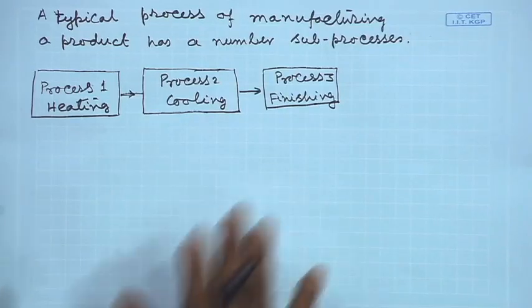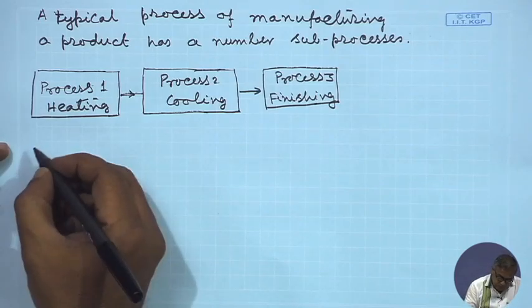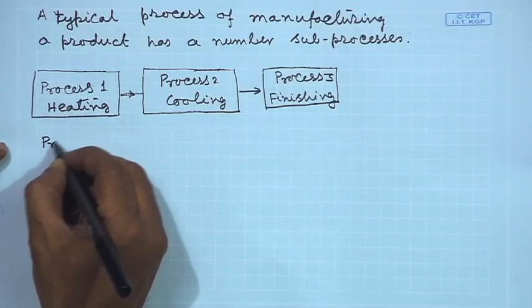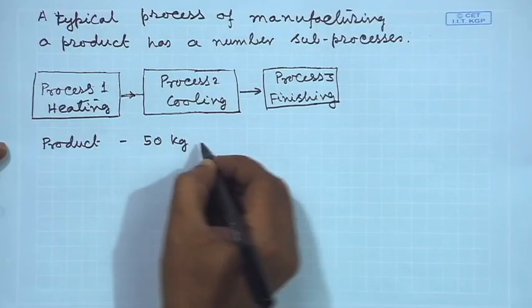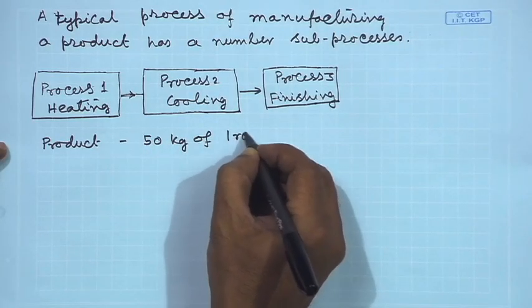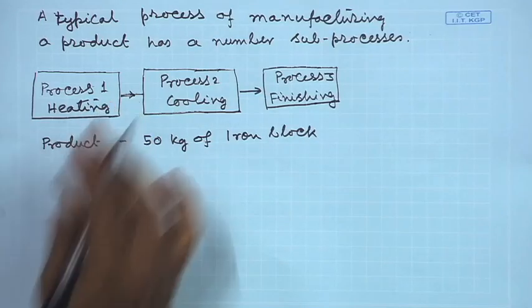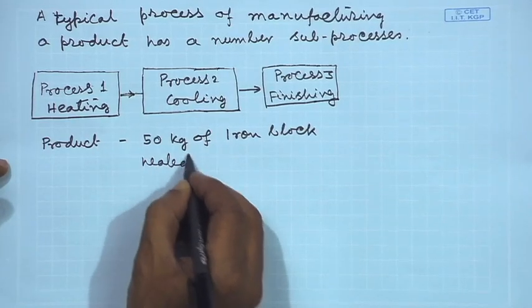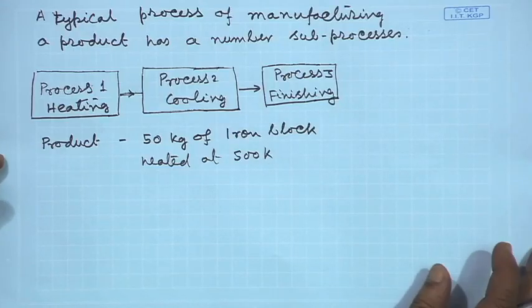Okay. So, let us say this is what we want to do, and let us take a very typical example. Let us say a 50 kg of iron block product. What is the product? This is 50 kg of iron block, and during the process of heating, it is heated at 500 Kelvin, okay.